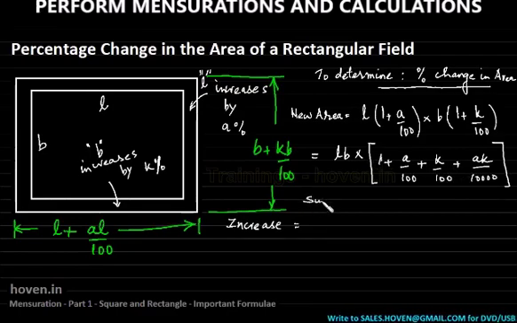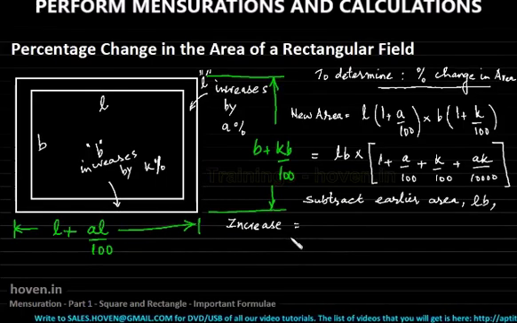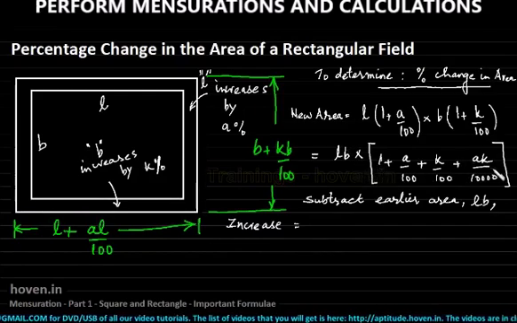I will write here the step: subtract earlier area LB to obtain the increase. So what will be the increase when you subtract LB from this? This LB is now being multiplied to all the four terms. The first one will vanish out.